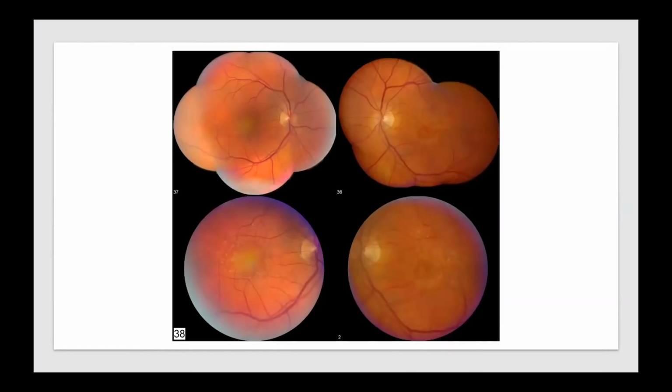So here you see eyes that are affected by macular degeneration. And the key feature of macular degeneration are drusen, which are these fine yellow-white deposits underneath the retina. The drusen are actually part of a normal aging process. So even eyes unaffected by macular degeneration will often have some degree of drusen that are age-related over time.